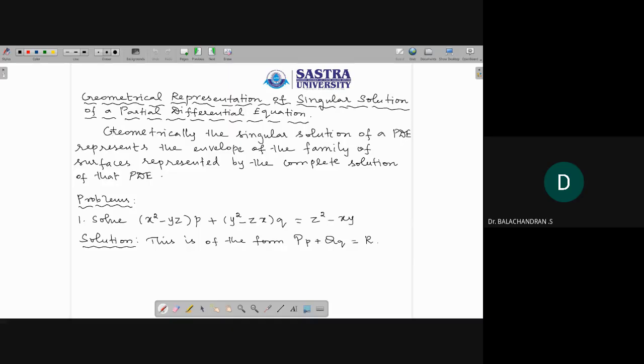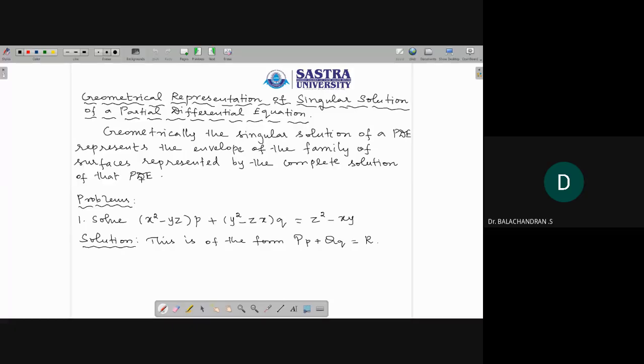So geometrical representation of a singular solution of PDE. Sometimes they will ask in the examination, so that's why here I mentioned. Geometrically, the singular solution of a PDE represents the envelope of the family of surfaces represented by the complete solution of that PDE.